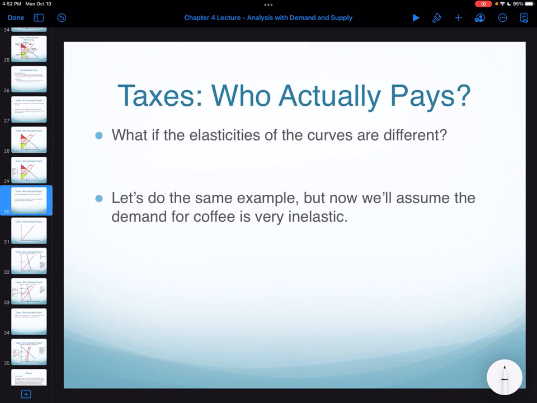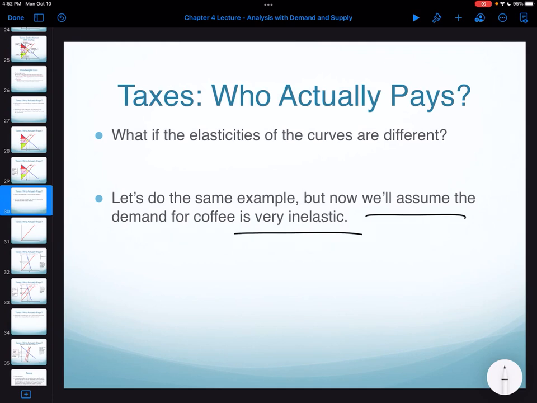Okay, well now let's throw in another wrinkle. The way we did that diagram, the supply and demand curves had similar elasticities. So let's do the example again, same example, but let's assume demand for coffee is very inelastic.